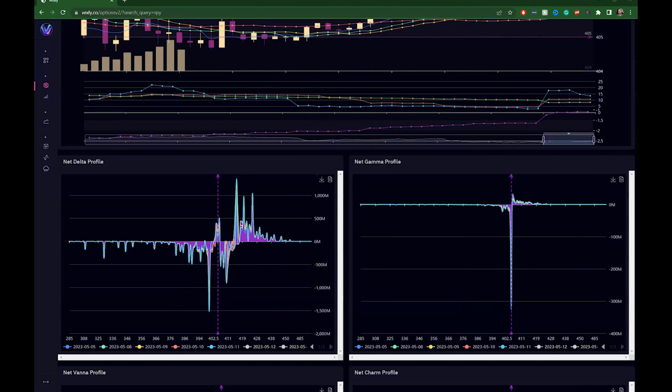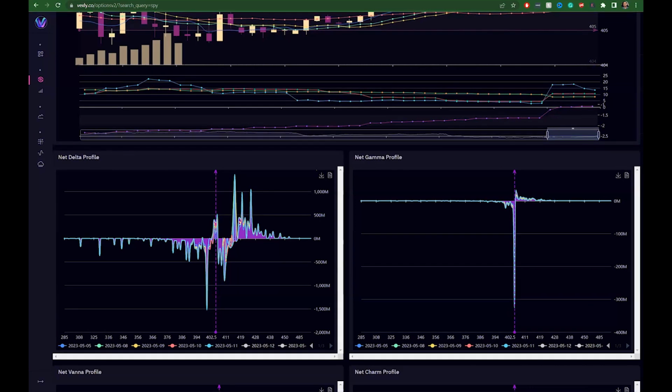So the 405 gamma level is around 4070, 4072 on the S&P futures. 413 is high. It's almost the tops of the NFP report. So that would put us around 4160.